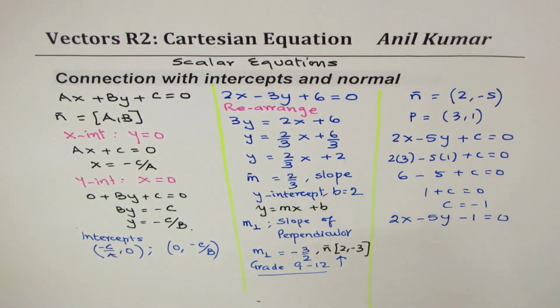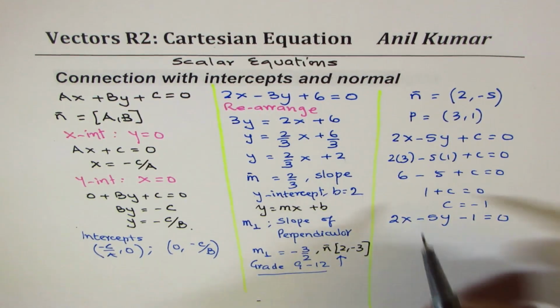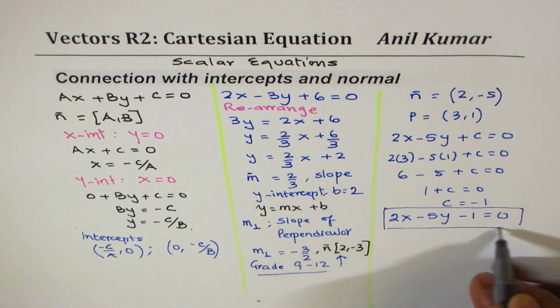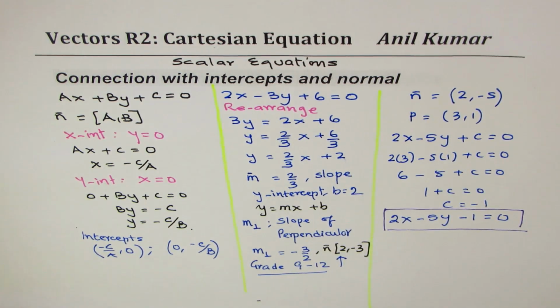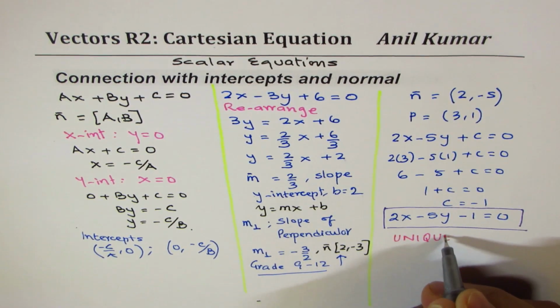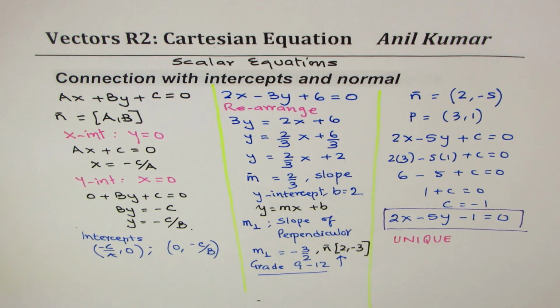So if you are given a normal and a point, you can very easily write down the Cartesian equation of a line. You'll also notice that this equation is normally unique. In vector and parametric equations, since we were defining with respect to a point, they were not unique.